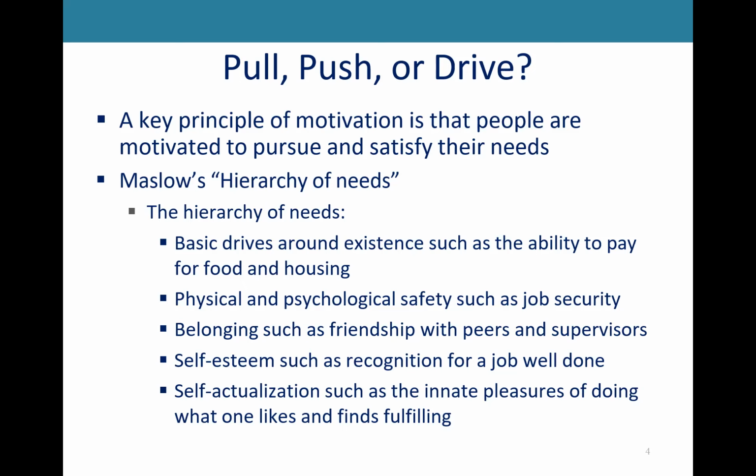The important distinction in these different needs is that the needs at the bottom of the hierarchy, the physiological, the safety needs, the social needs, those are what he called deficiency needs. People are motivated by deficiencies in those needs, and so whenever there's a deficiency in those needs, they will be motivated to try and fill that deficiency. At the apex, you have self-actualization, which he refers to as a growth need. That's not a deficiency, but people are motivated by growth.